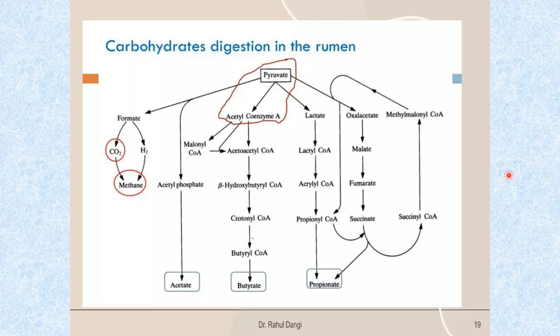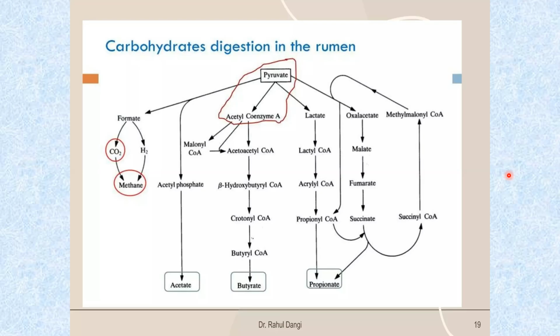Go through the chart once again. Pyruvate is the end product of all three, especially starch, hemicellulose or cellulose.